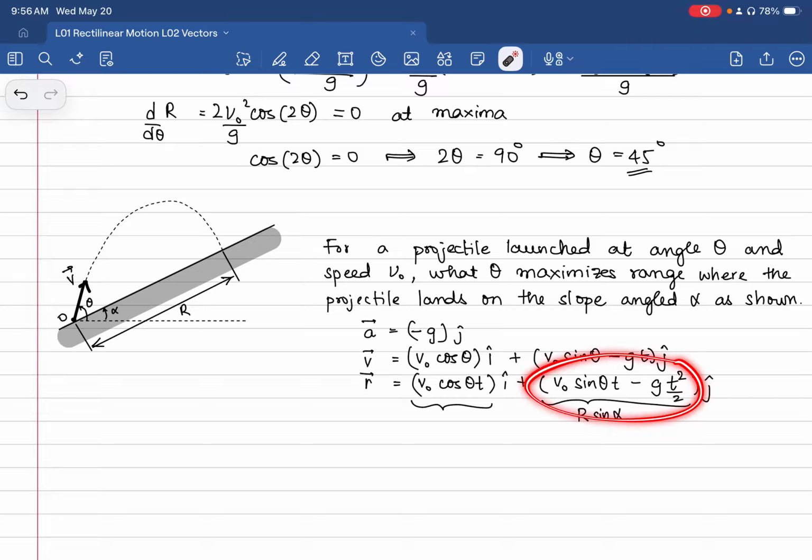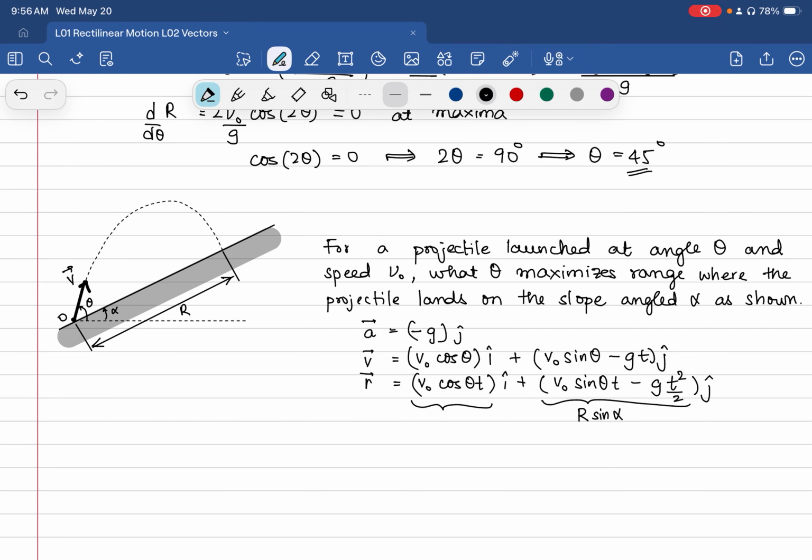So this is the y position at any instant of time. At this point, this is your j hat component, which is going to be v naught sine theta t minus gt square. When it is over here, that is when it has landed, now back on the slope. Now this height is going to be r sine alpha.